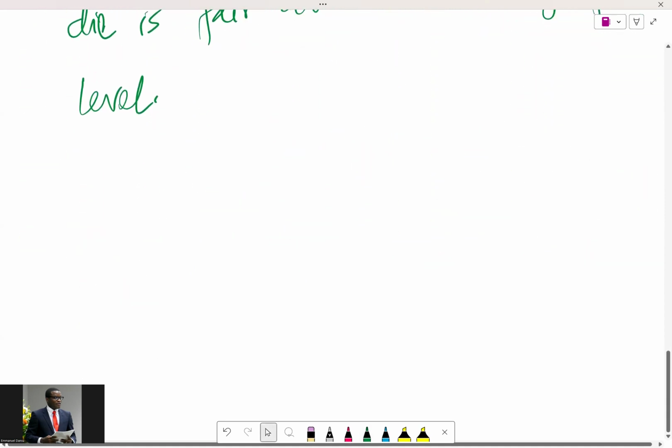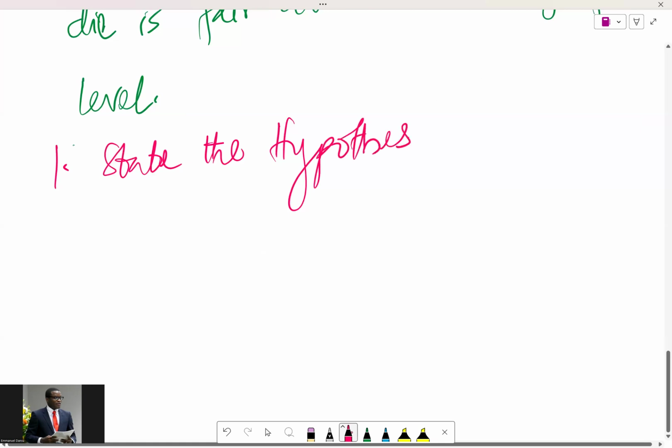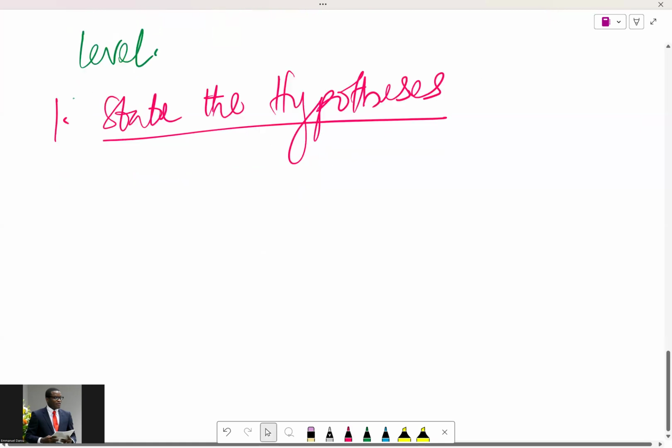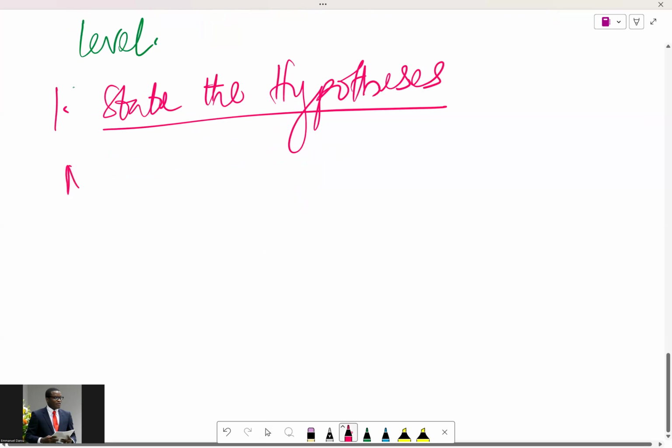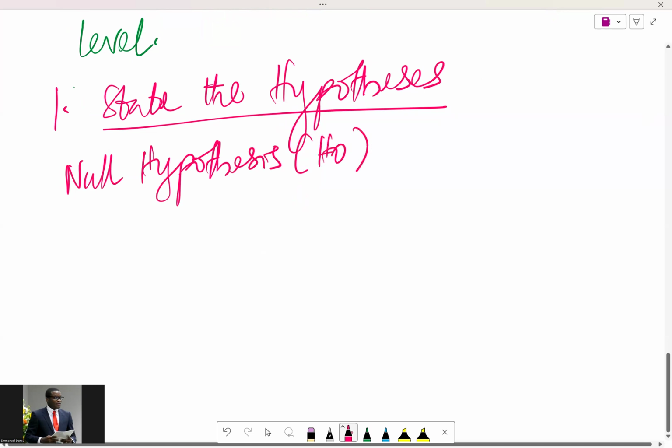So the first thing is we state step 1: state the hypothesis. We have the null hypothesis, which is H naught. That is simply that the die is fair.